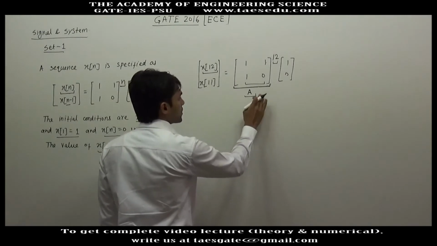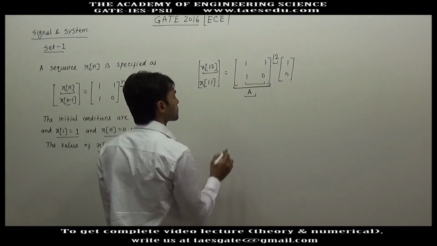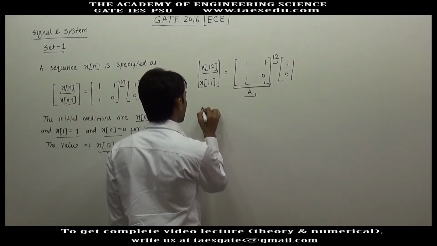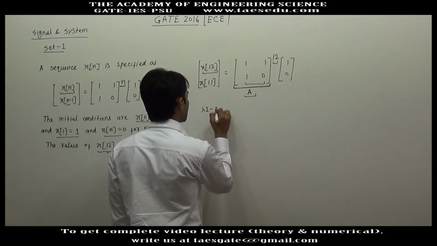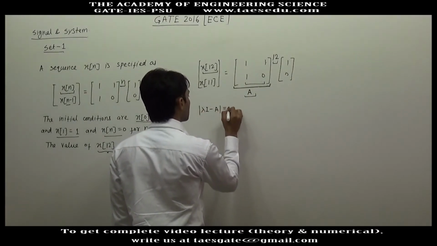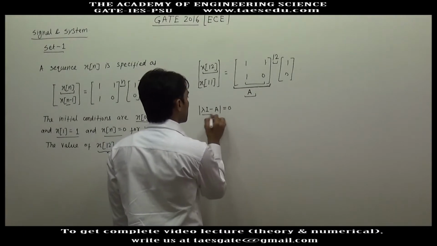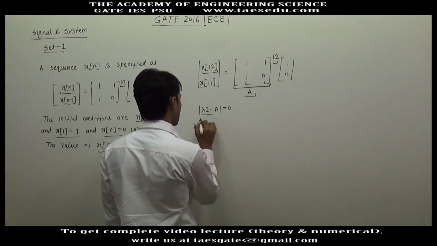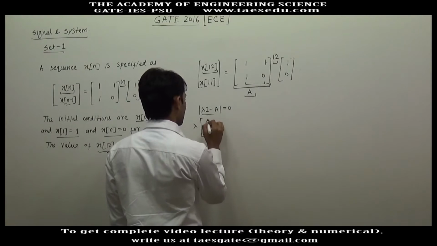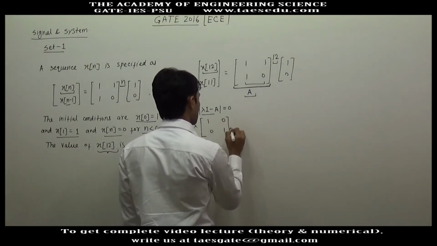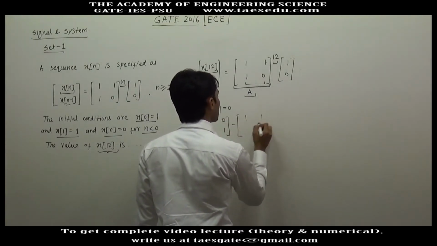So we will first find the characteristic equation. The characteristic equation is given by the determinant of lambda I minus A equal to 0. So lambda I minus A will be lambda times [1 0; 0 1] minus A, which is [1 1; 1 0].